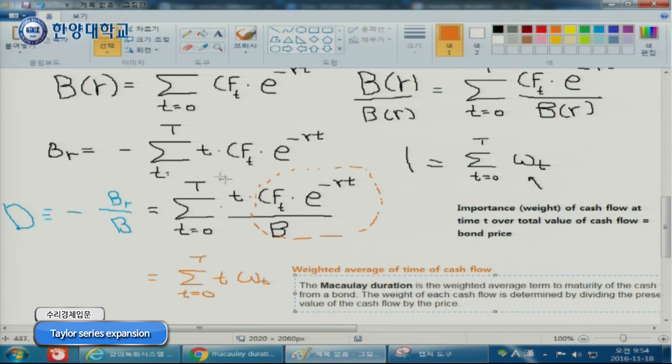And then I told you this is modified duration. In continuous compounding, modified duration is the same as Macaulay duration, but in discrete time, modified duration and Macaulay duration are slightly different.